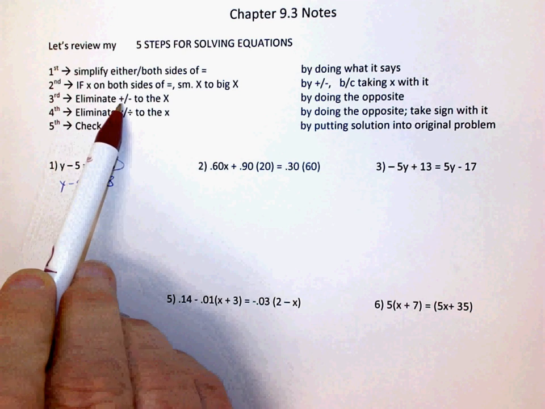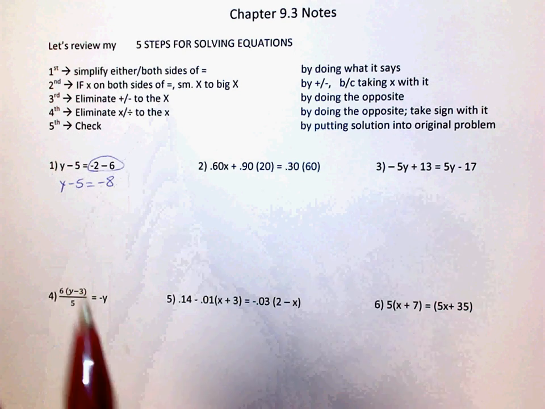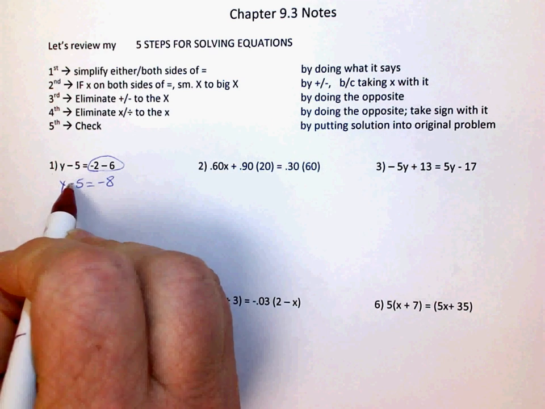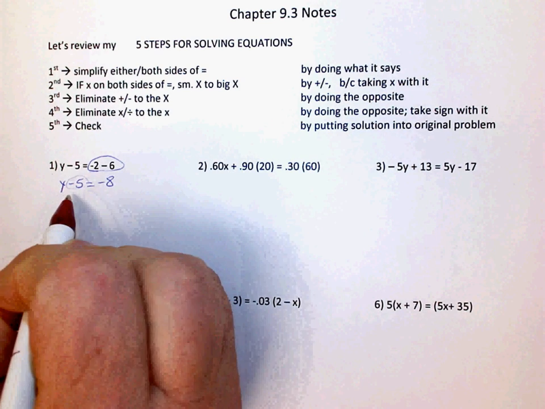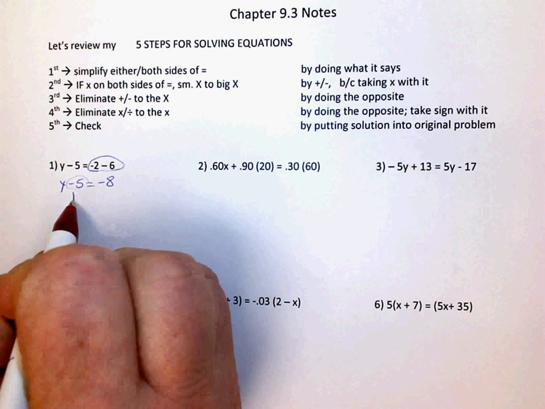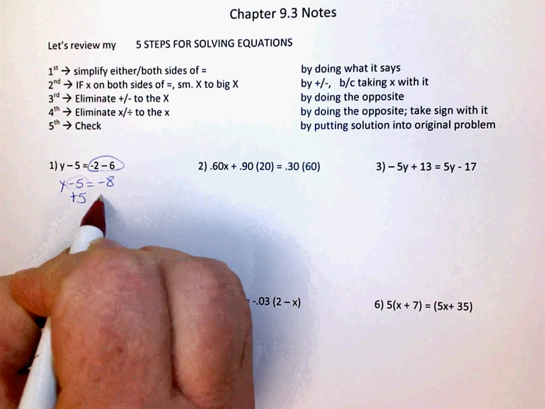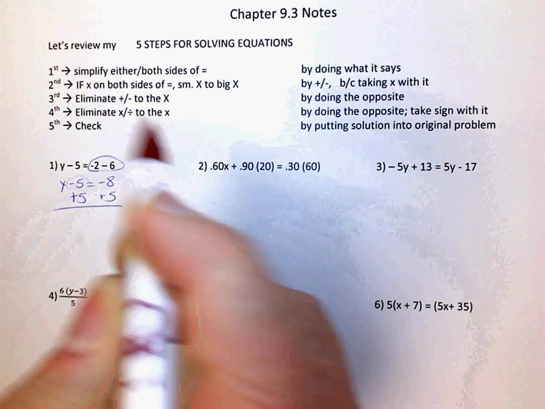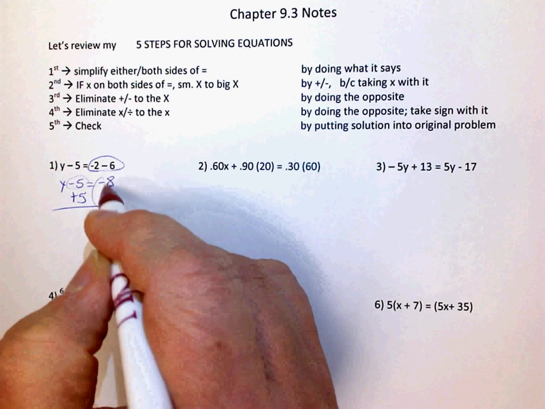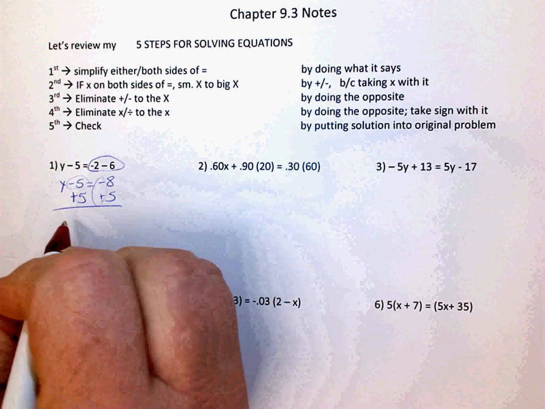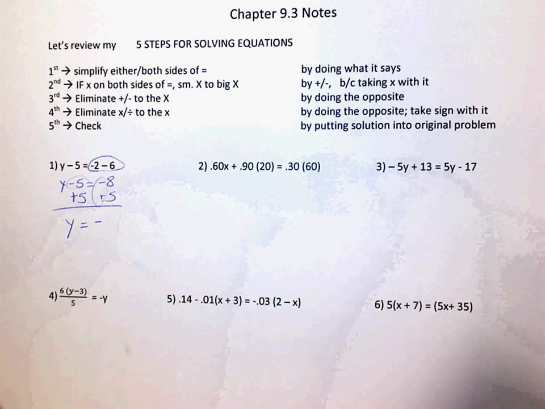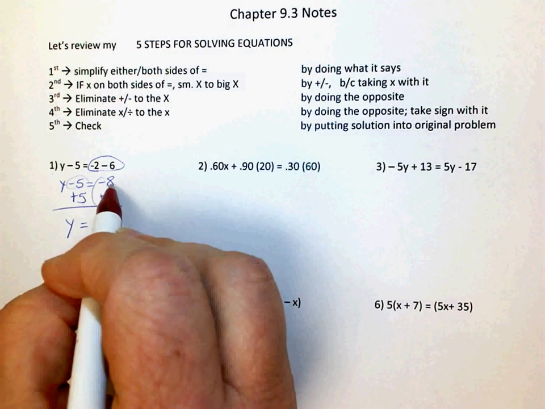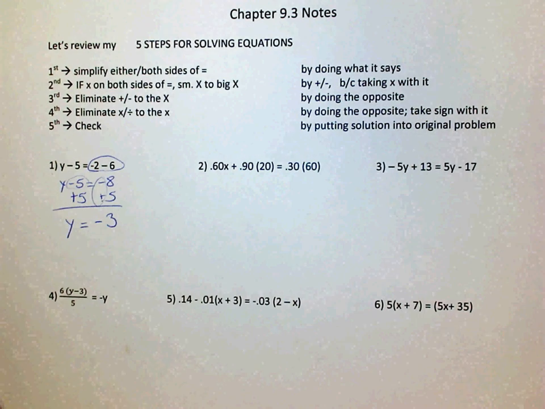Is there something added or subtracted to my y? Yes. -5 is added, subtracted, so the opposite is to add it. And remember, if you owe $8 and you only pay $5, you still owe something, so your answer is negative. And 8 minus 5 leaves us 3.